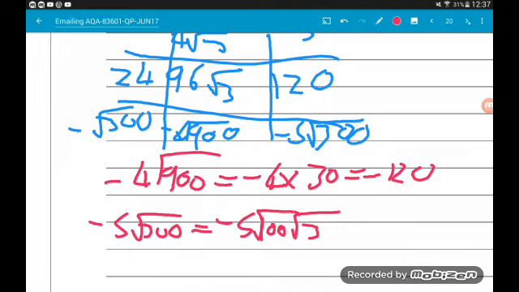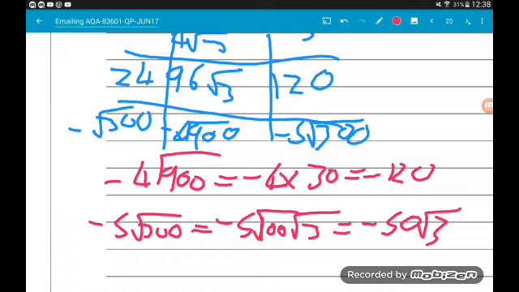Now root 100 is 10, so we've got minus 5 times 10 root 3, which gives us minus 50 root 3. So we've simplified all the terms.